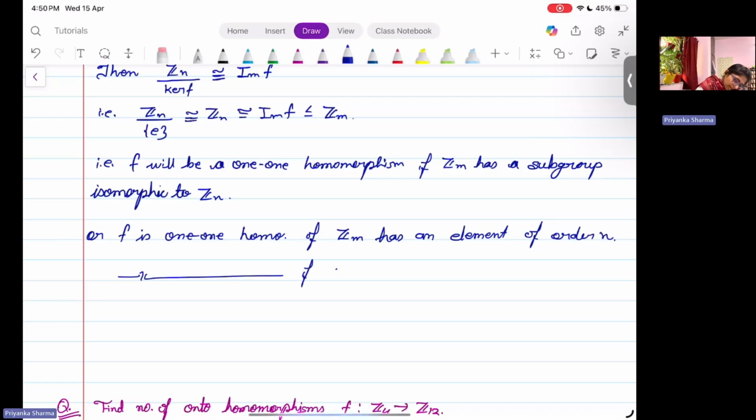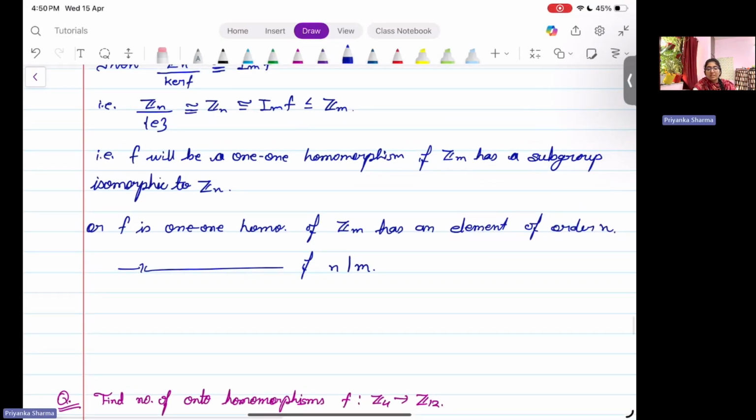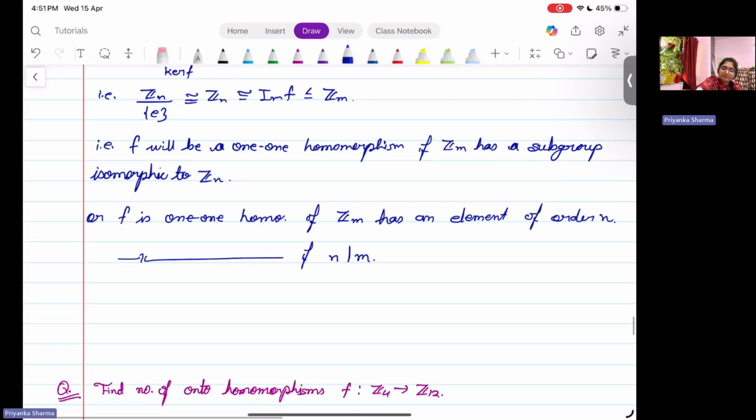So this is the same as n divides m. It means, for the existence of a 1-1 homomorphism, this condition that n divides m is necessary. If n doesn't divide m, we can't find a 1-1 homomorphism from Zn to Zm. If n divides m, then only we can proceed. So this was the question of existence. Now, how many such 1-1 homomorphisms are there?